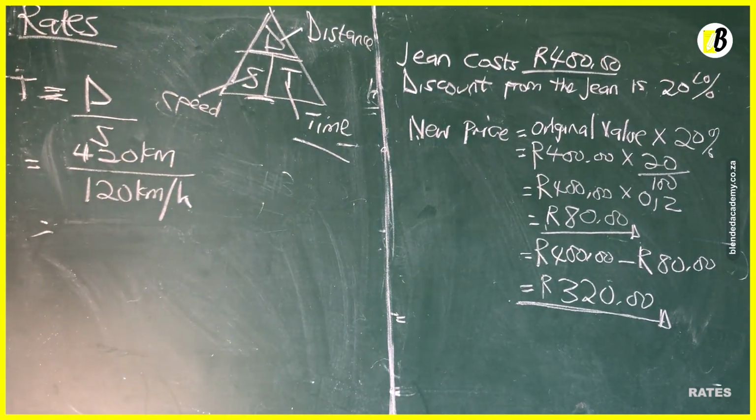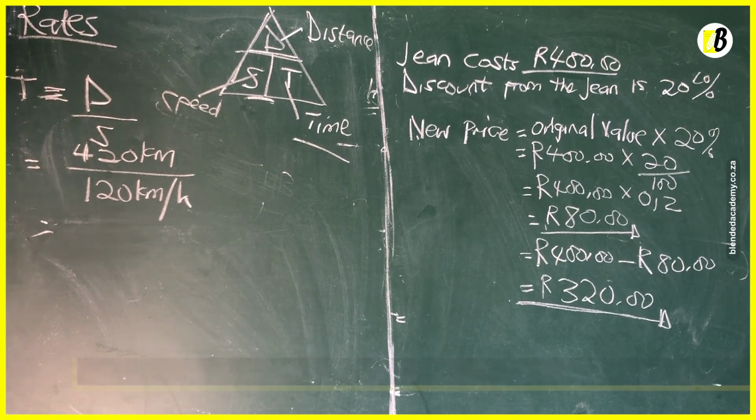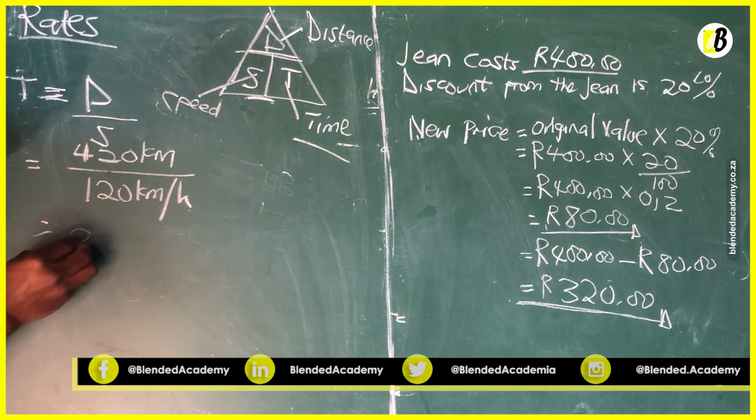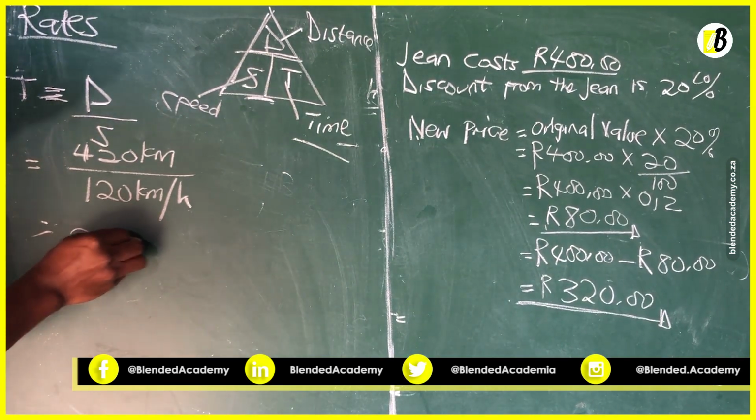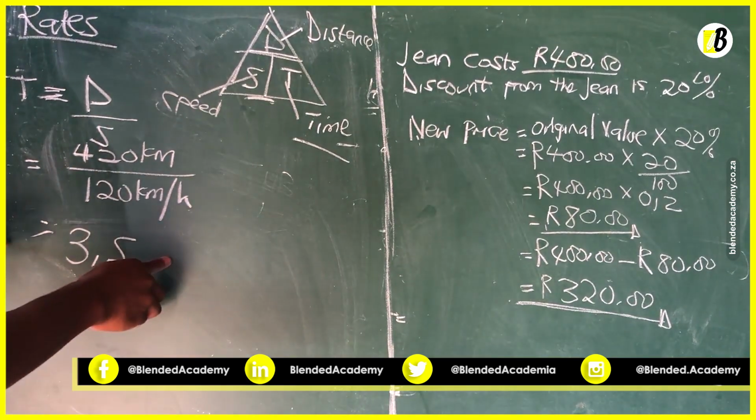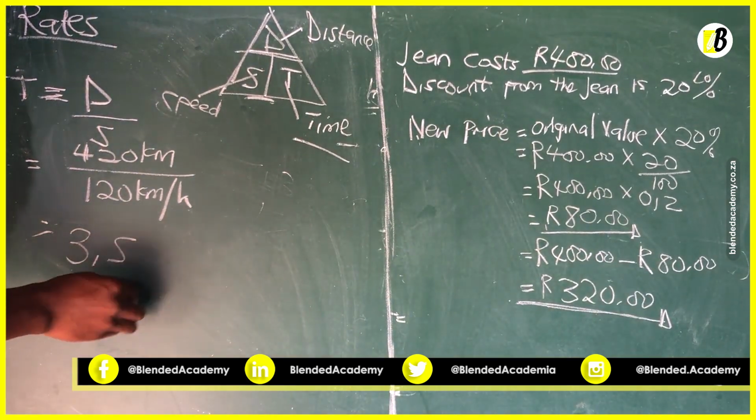Remember, the values that I'm giving you are just examples. So 420 divided by 120 is going to give us 3,5. So it's going to give us 3,5 hours.